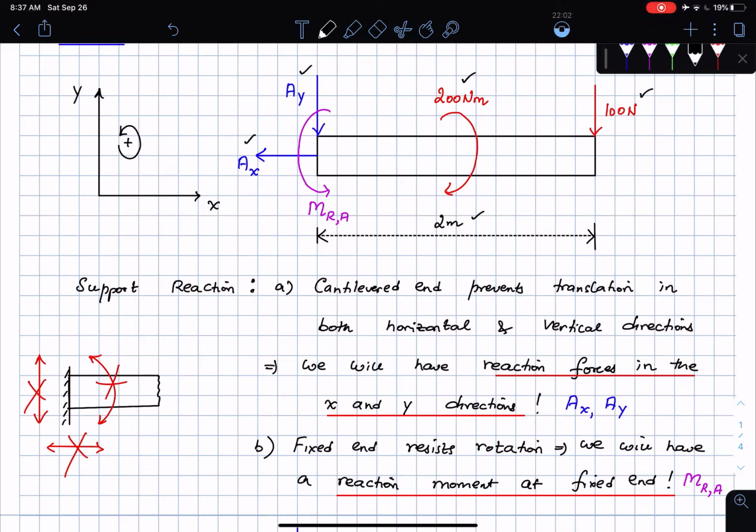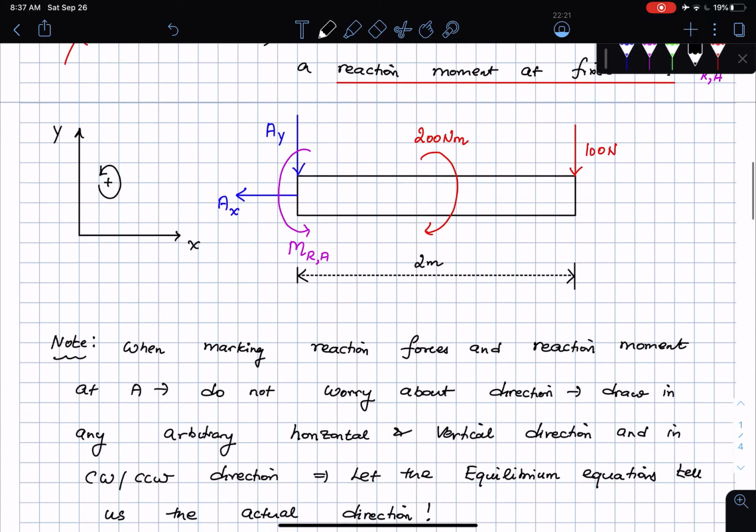Then the cantilevered beam also resists rotation, which means that I have a reaction moment here, representing the fact that the cantilevered beam will prevent you from rotating. I have three unknown quantities and three equations of equilibrium.